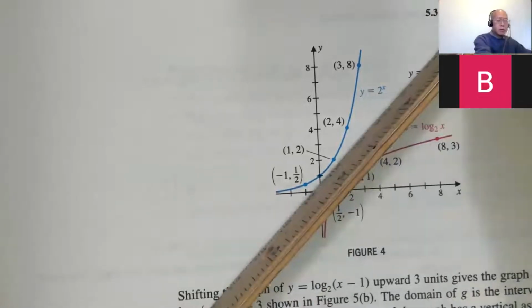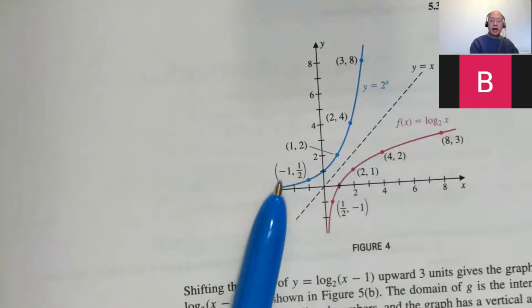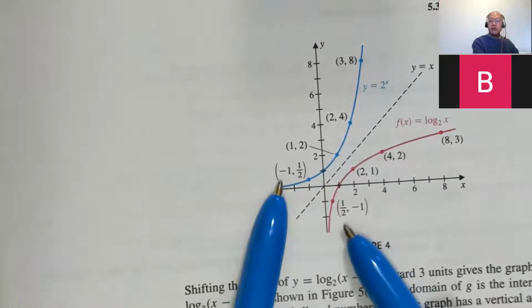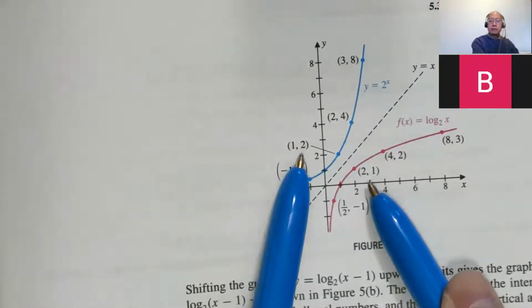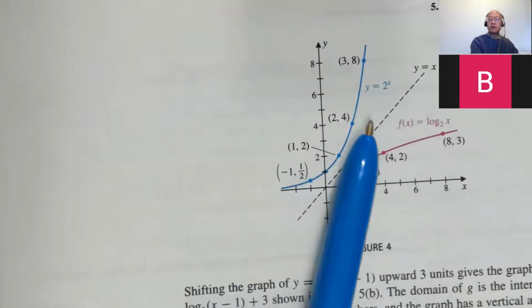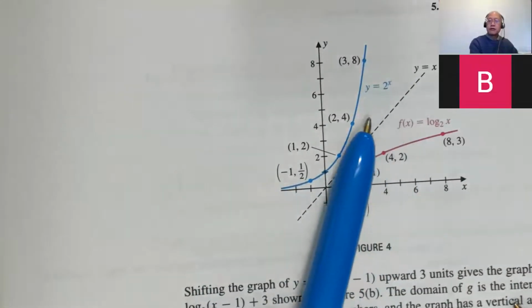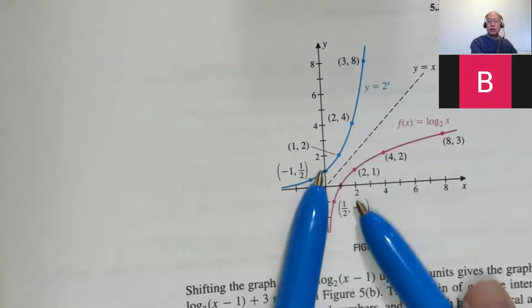So take all these points and reflect across the line y equals x, and notice negative 1, a half becomes a half, negative 1. 1, 2 becomes 2, 1. 2, 4 becomes 4, 2. 3, 8 becomes 8, 3. You just switch around the x and the y's, a property of inverse functions. Oh, and 0, 1, 1, 0. We already knew that.